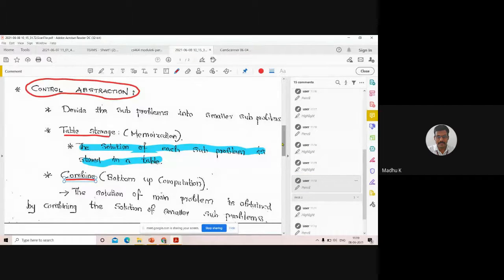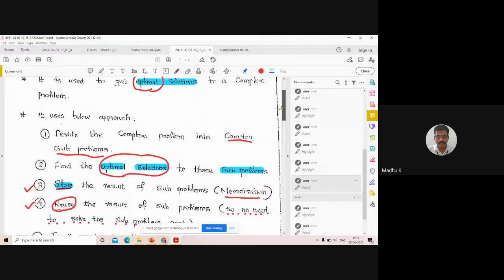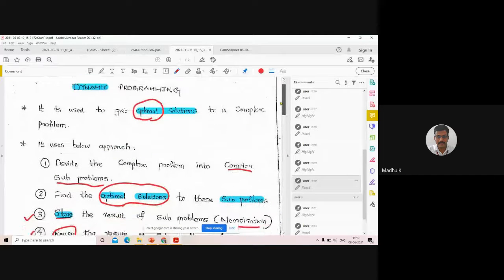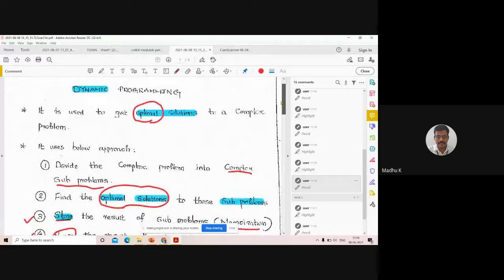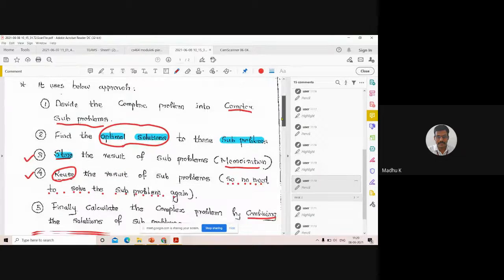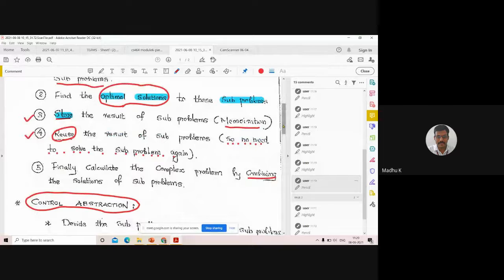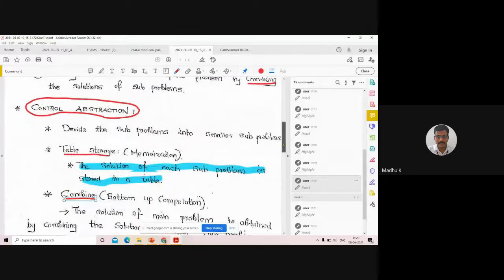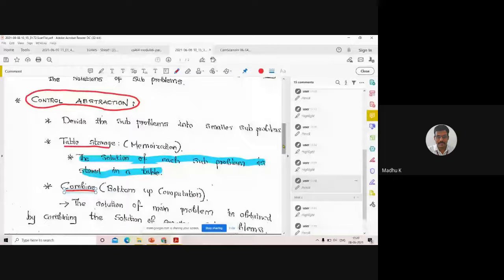First we discussed what the dynamic programming approach is and what its use is: the optimal solution. Second, what the approach should be: there are 5 steps. Last, we discussed the control abstraction, which means the necessary steps to solve the problem.